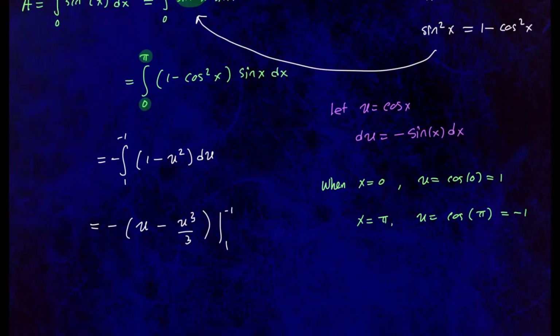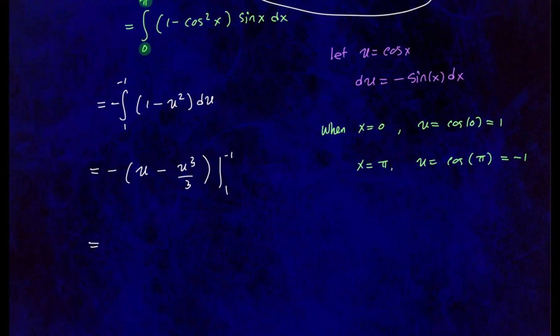Okay, so now I plug them in. I have negative, so I plug in negative 1 for u, so that's negative 1, minus negative 1 cubed, that's negative 1, so this will be positive 1/3. Let's put extra brackets. And then minus, now I plug in the lower limit, so that would give me 1 minus plus 1/3.